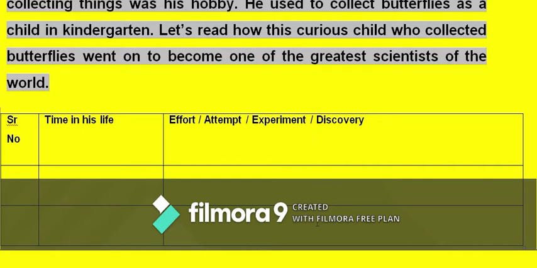So by the end you will definitely have all the pieces of information well tabulated, so that you can write a process paragraph, or you can also write the order in which he progressed and became a scientist. So please have this in place as we begin the lesson.